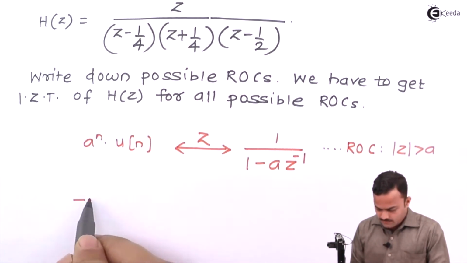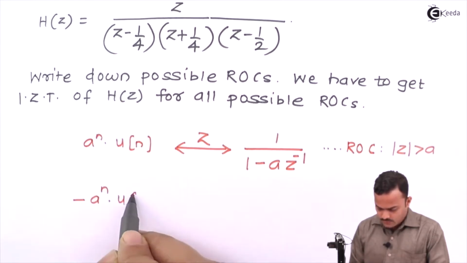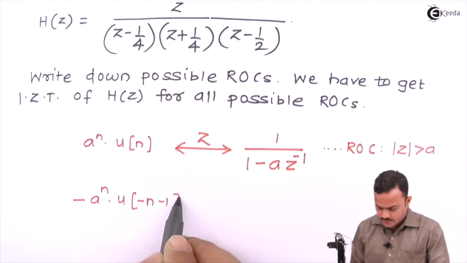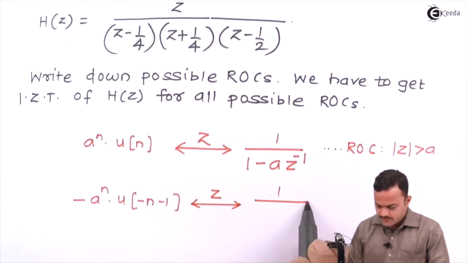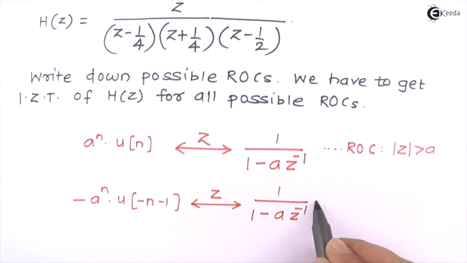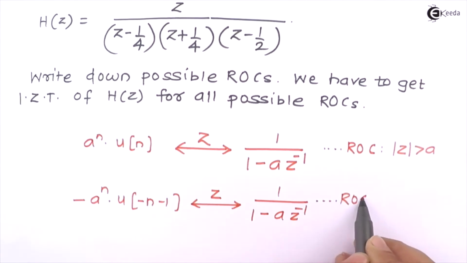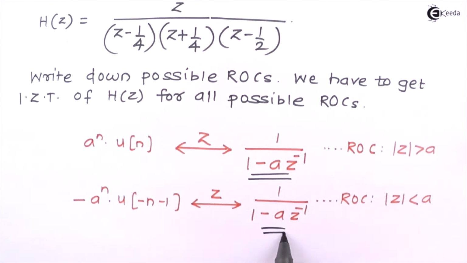And for minus a raised to n u of minus n minus 1, again I am getting a Z transform absolutely the same, 1 upon 1 minus a Z inverse, but the ROC is mod Z less than a. So if you see over here, the right hand side is the same.